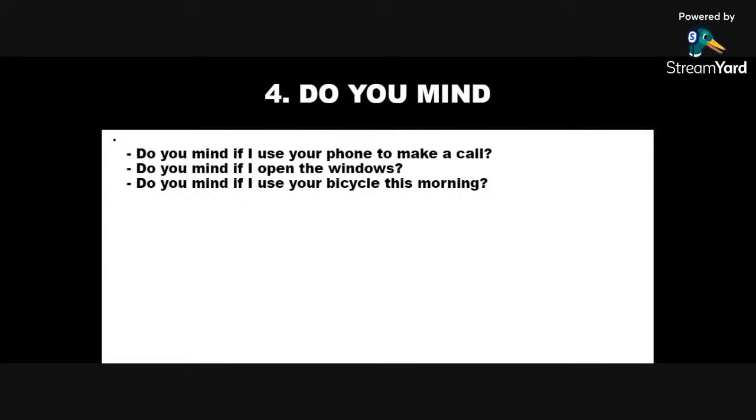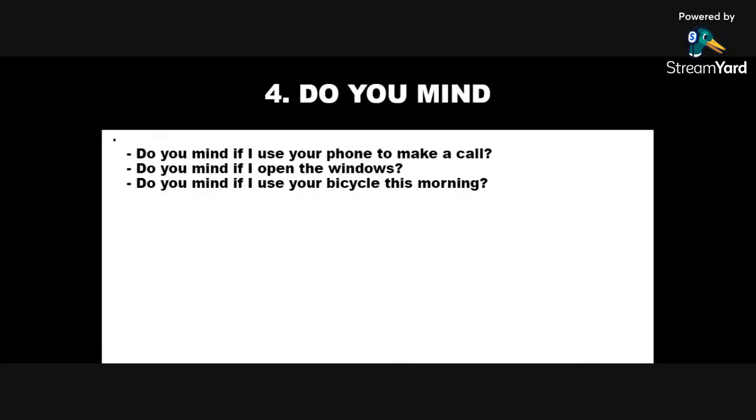The fourth one is, do you mind? And this is another polite way to ask permission. When you use this expression, you are showing that you are concerned about any problem or any inconvenience that the person you are seeking approval from may experience for granting that permission.